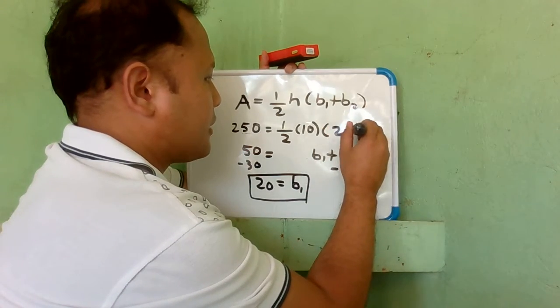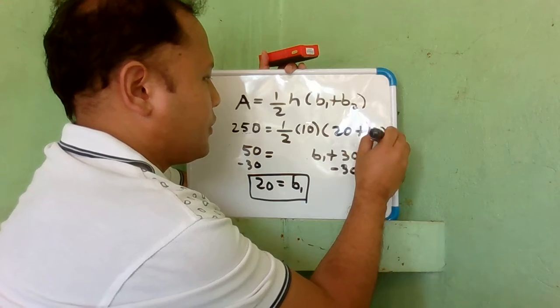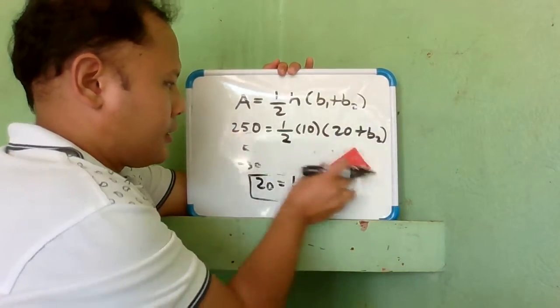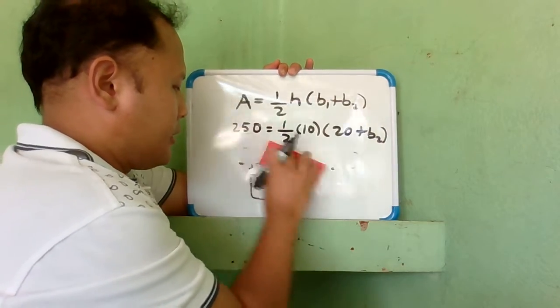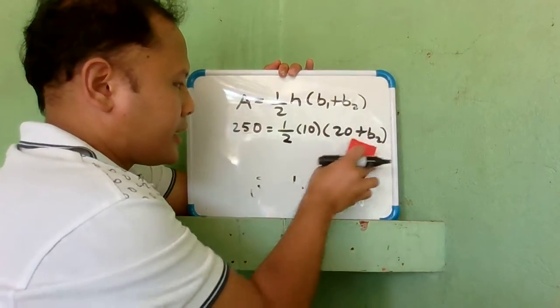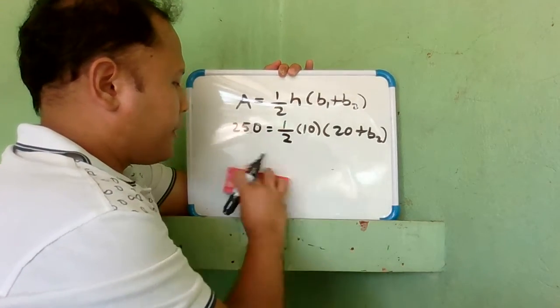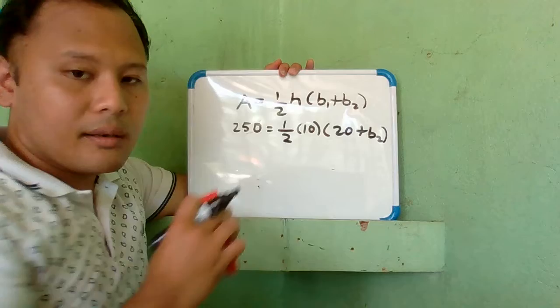It's 20 plus b sub 2. And the rest of the terms are given. So actually the procedure is the same with how we find the value of b sub 1.